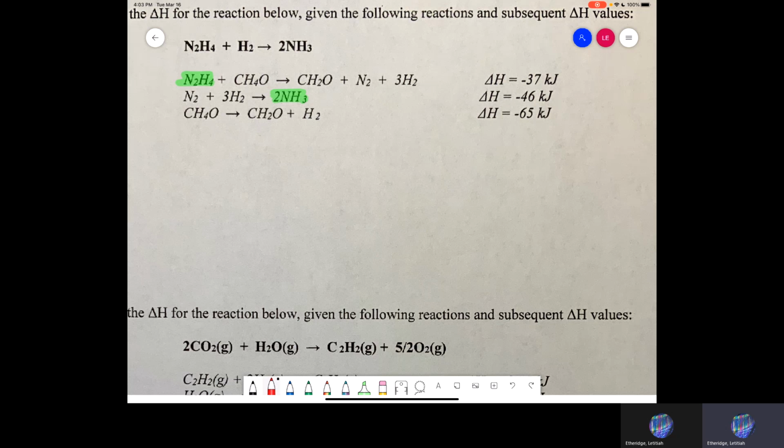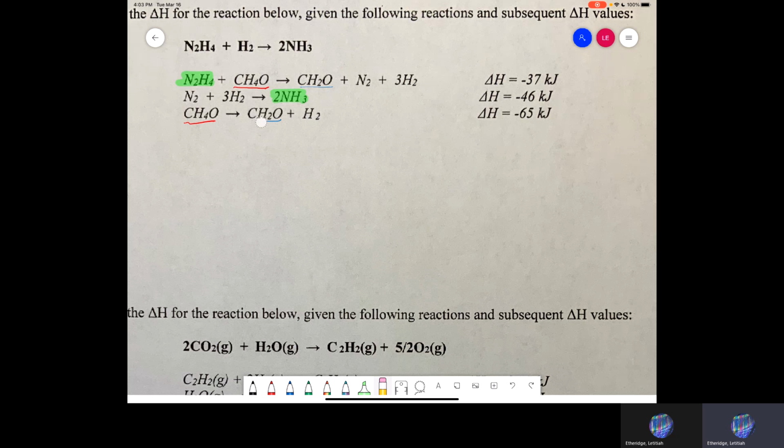Right now, for CH4O, they are both on the same side of the equation. Same thing can be said for CH2O and CH2O. They are both on the product side of the equation.